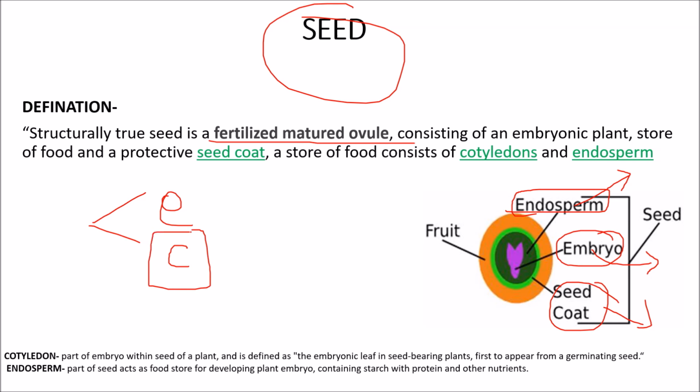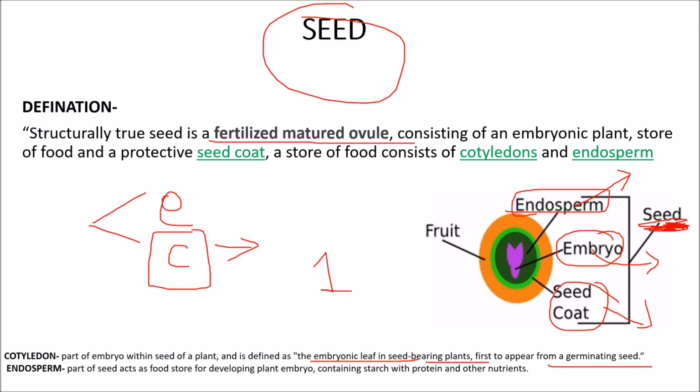So, what is a cotyledon now? In the subsequent slides, we'll be talking in much more detail about the cotyledons and the phenomenon of being a monocotyledon or a dicotyledon. This is a part of the embryo within the seed of the plant, and it is defined as the embryonic leaf in seed bearing plants, which first appears from a germinating seed.